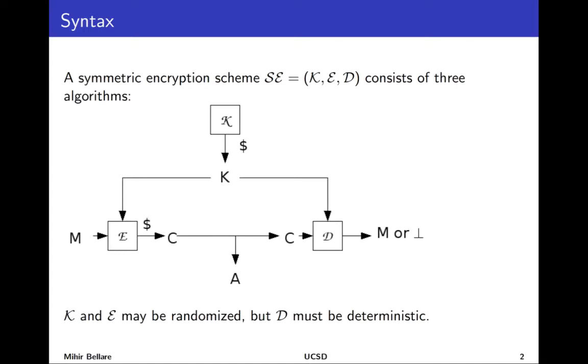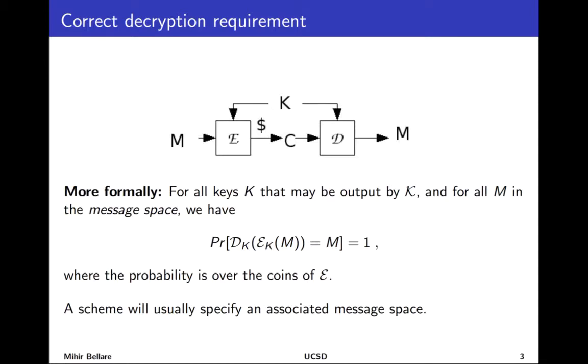It's not going to be possible to have any meaningful security if it isn't. Encryption may be randomized, and we'll see that for security we'd like it to be, but decryption is always deterministic. Okay, so whenever you want to describe a scheme or you see a scheme described, you better see these three algorithms.